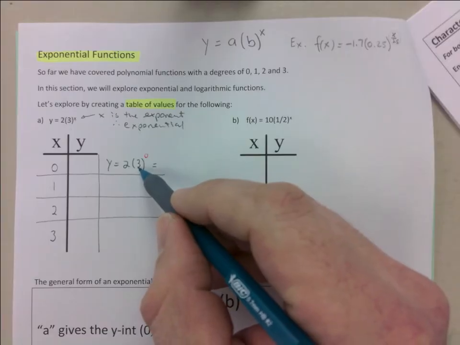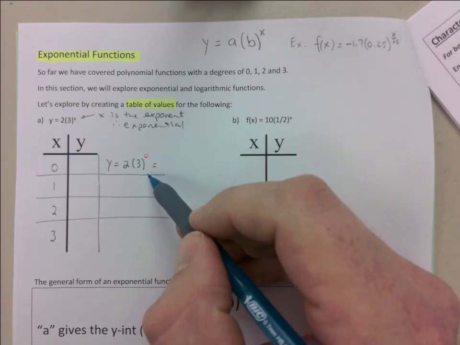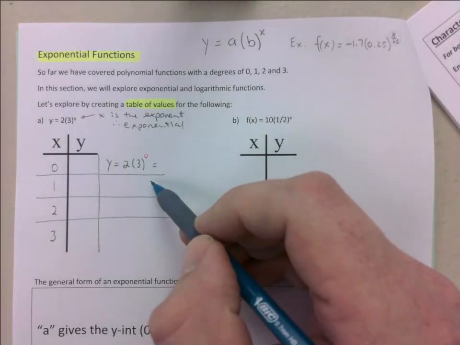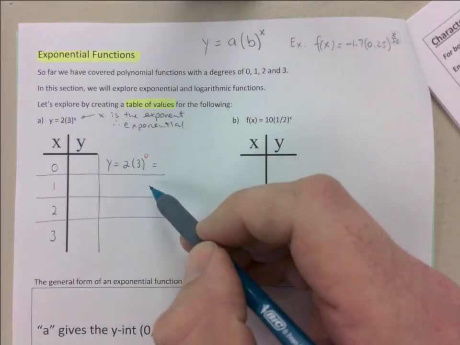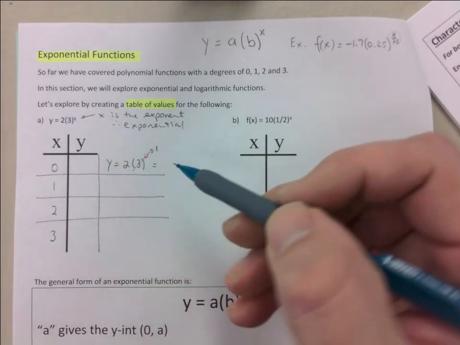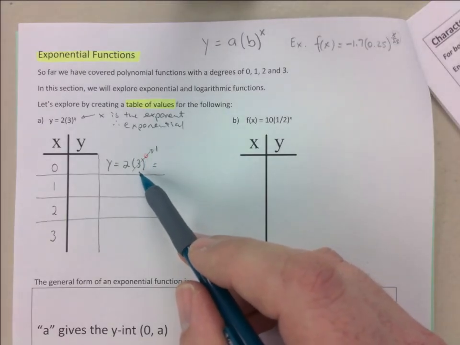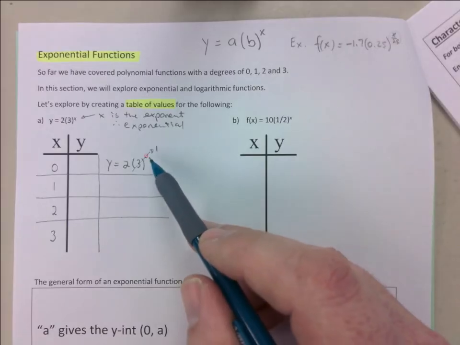What is anything to the power of 0? What does that turn out to be? It's 1. Anything to the power of 0 is always 1. Like a million to the power of 0 is 1. Negative 500,000 to the power of 0 is 1.